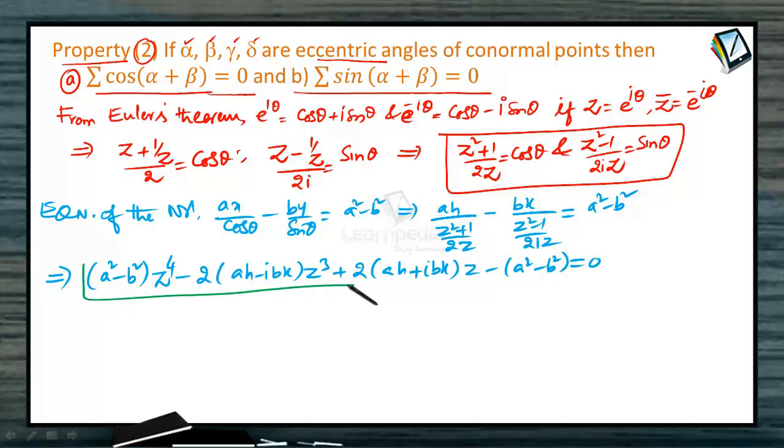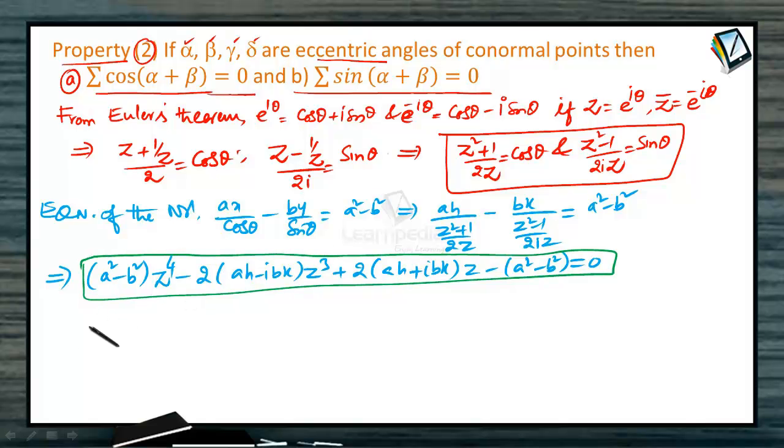This is a biquadratic equation in terms of z. As it is in terms of z and it is biquadratic, let this equation have z1, z2, z3 and z4 as roots.